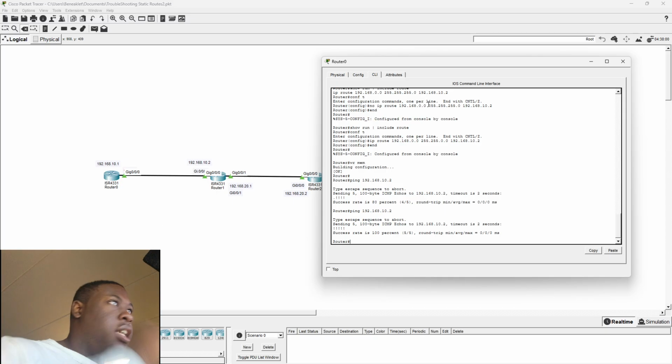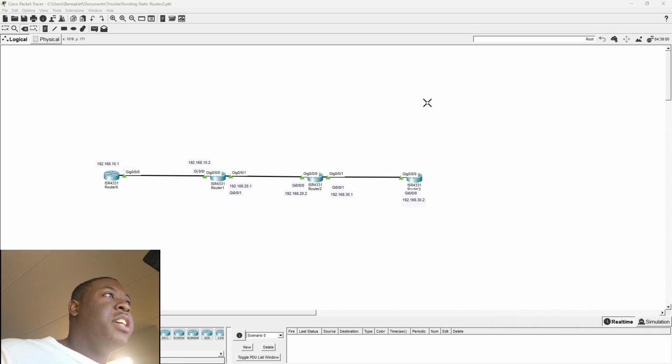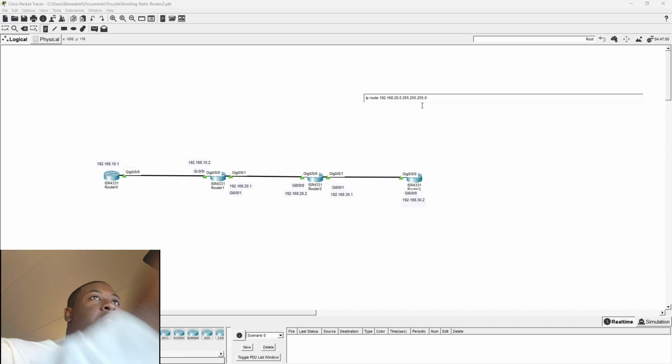Before I continue further, here's an example of a summarized route. Let's say we have an ip route like this, which we've definitely seen before, and we're doing it on router 0. We're trying to reach the network 192.168.20.0 and the network 192.168.30.0.